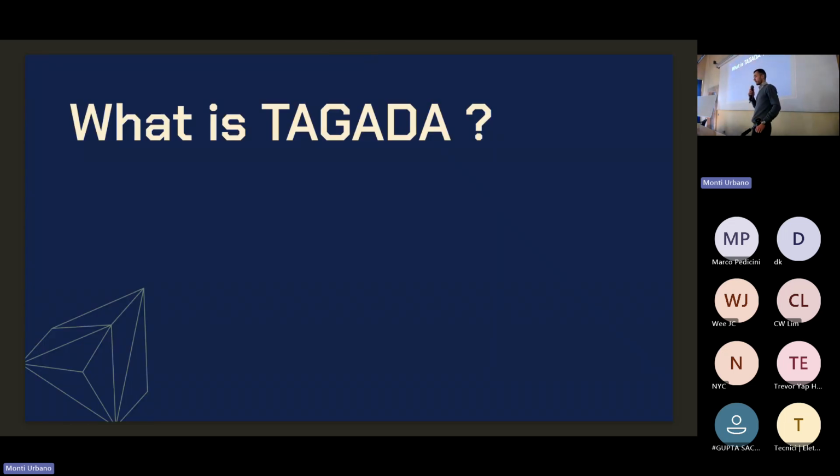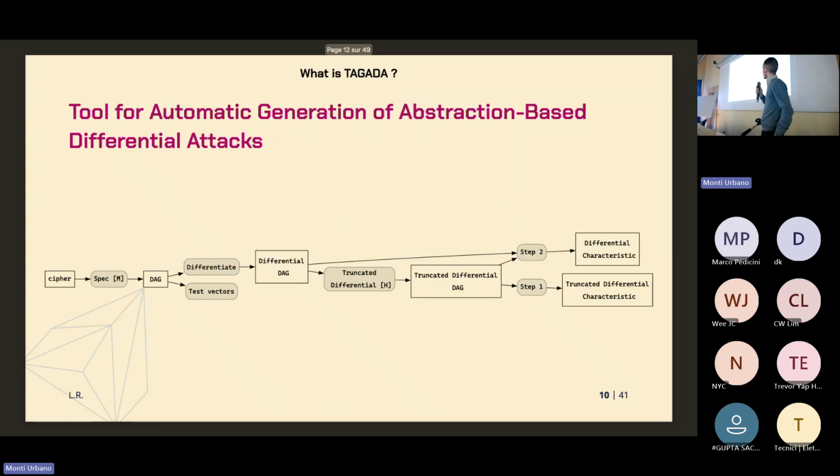So what is Tagada? Tagada is a library that works on a directed acyclic graph. We use the following workflow to compute differential and truncated differential distinguishers. At the left, you have the cipher. The only manual phase of the library is to implement a cipher representation.